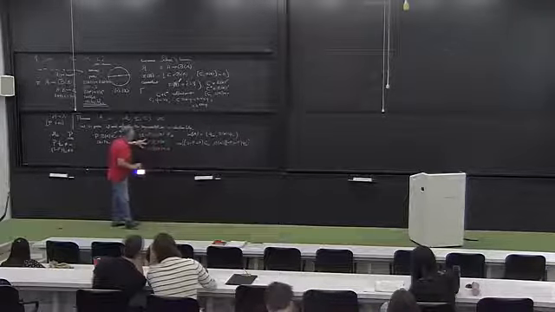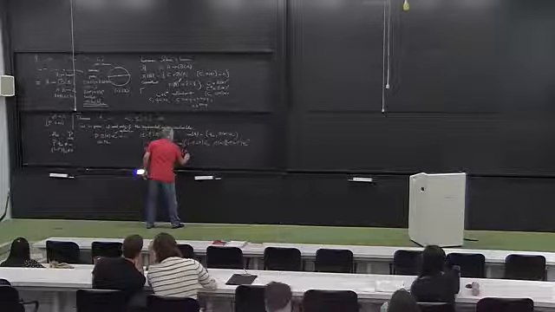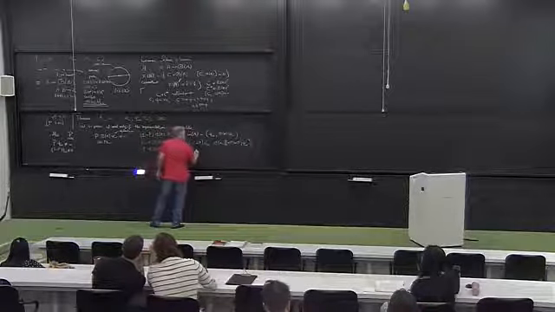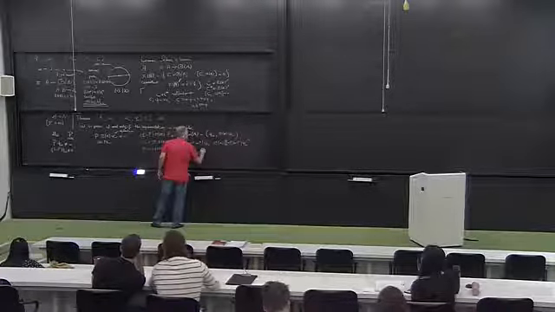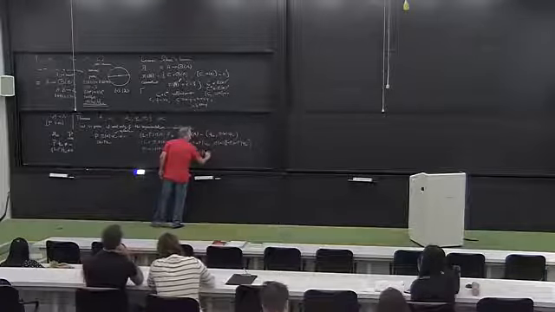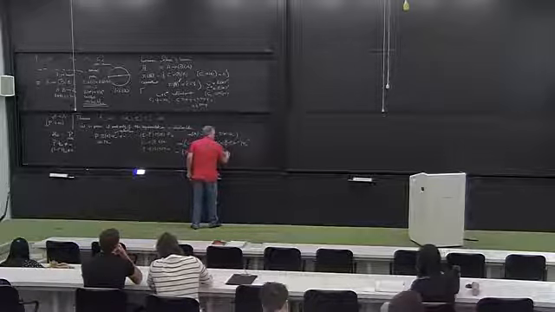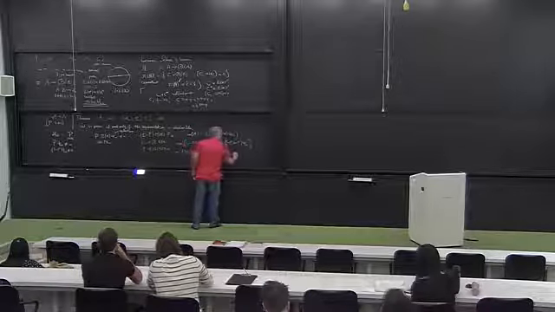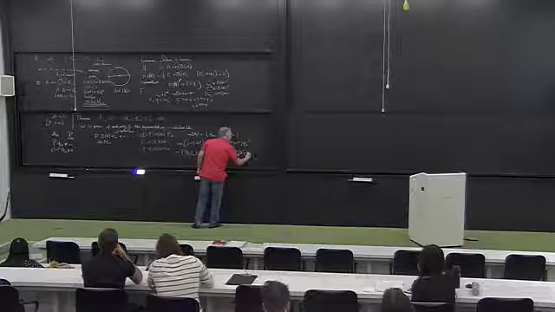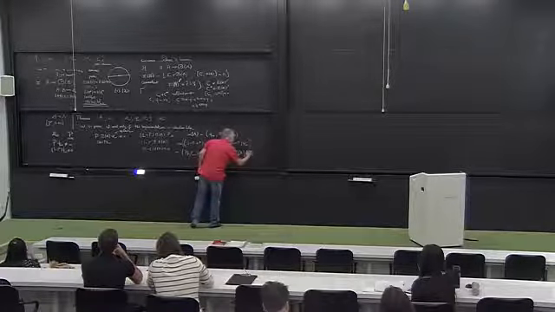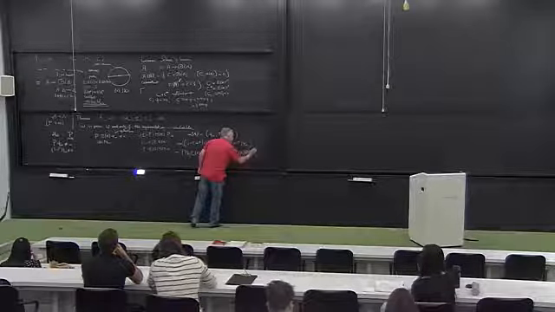Then you use this property, and this is just p applied to omega, π(a), p applied to omega, plus 1 minus p applied to omega, π(a), 1 minus p applied to omega, the orthogonal projector on the orthogonal subspace.